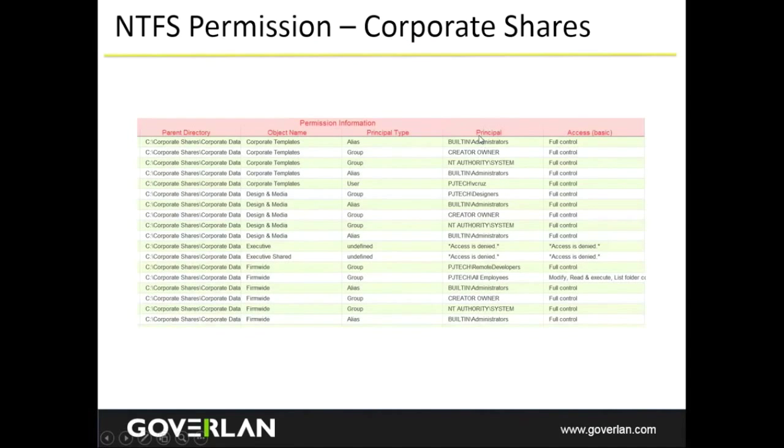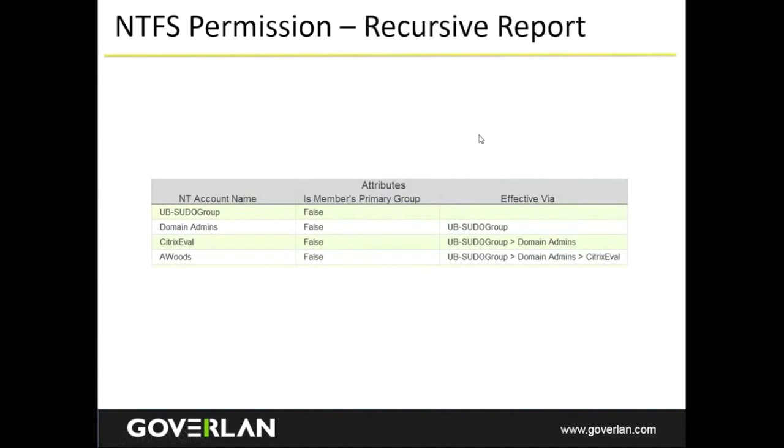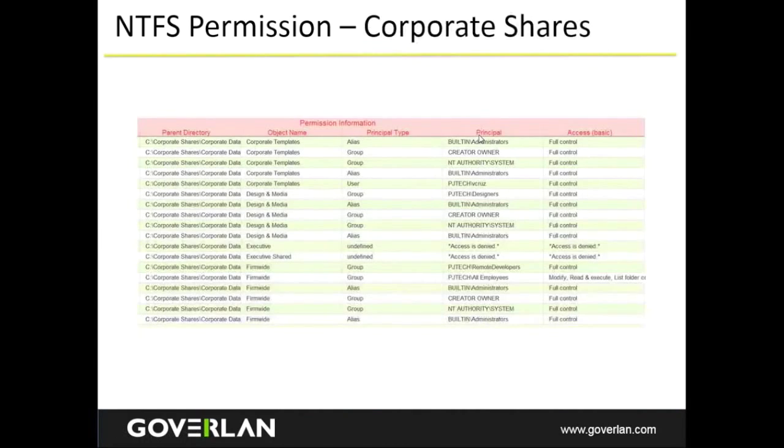So if we were to combine the report that shows us the effective memberships with the report that shows us the access level for each one of those groups and users, we now have a really, really comprehensive view on NTFS permissions, who has permissions to what, what type of permissions they have, and why they have those permissions.